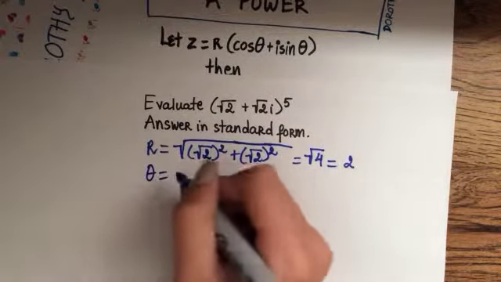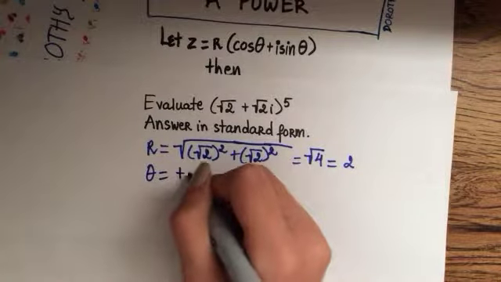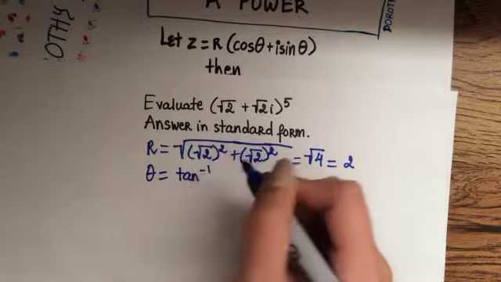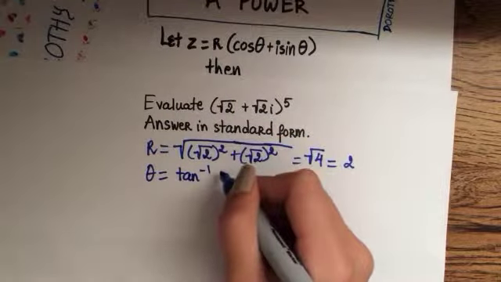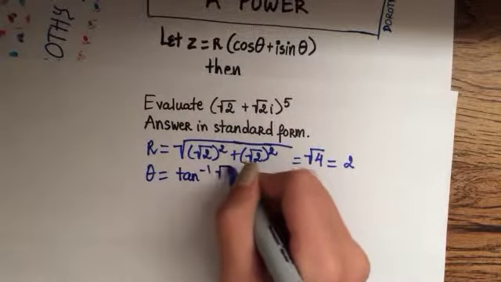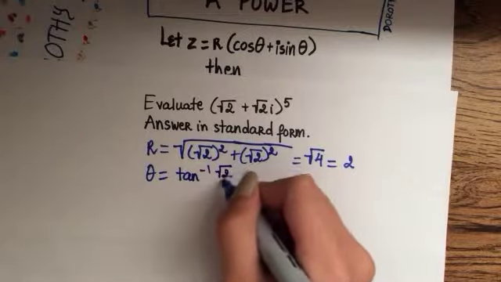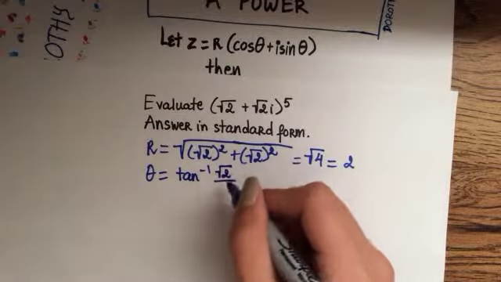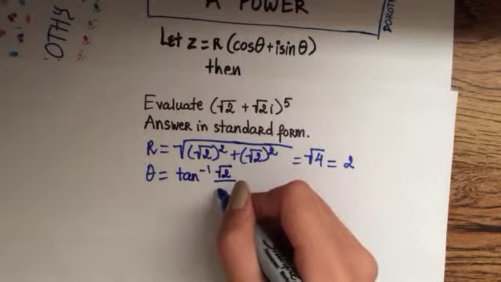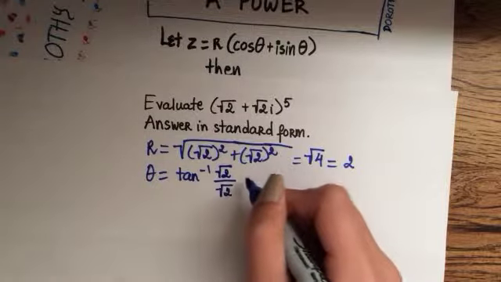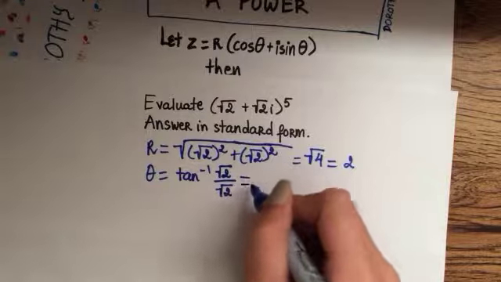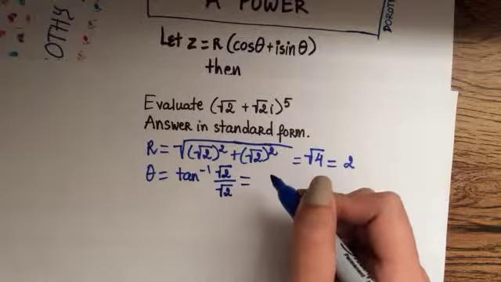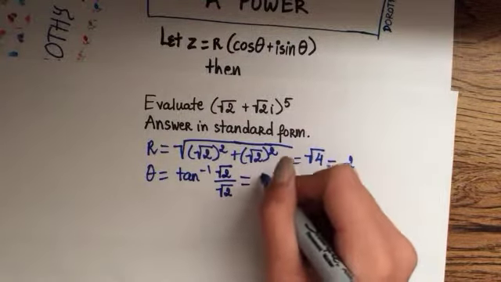To find your theta, you have tangent inverse of your imaginary part, square root of 2, over your real part, which is square root of 2. After that, it will give you, I believe, 45 degrees.